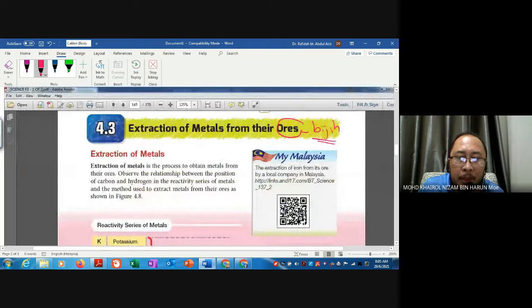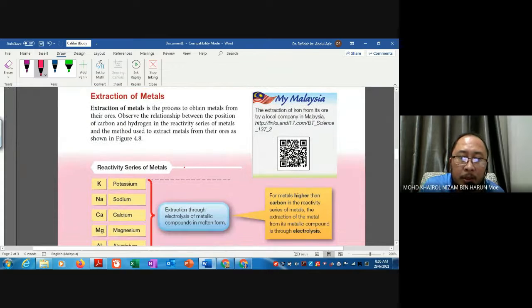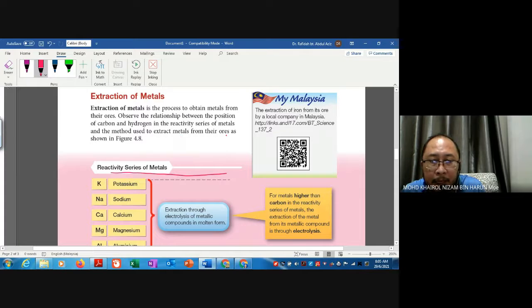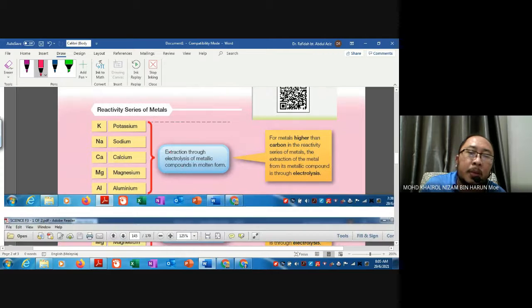Okay, so based on their reactivity series of metals, we are using different types of methods to extract the metal from their ores. So we have to use a method to extract metals from their ore.